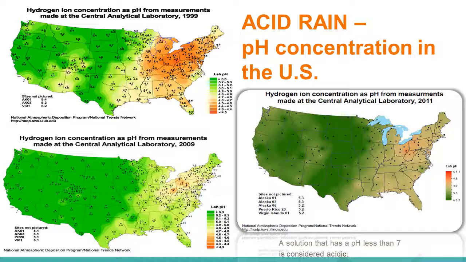So we're seeing a trend of improved air quality and decreasing acid rain. Notice that the large orange area in the top left for the 1999 data set is much larger in extent of depicting the amount of acid rain as opposed to that in the 2011 map that's presented to the right side of your screen.